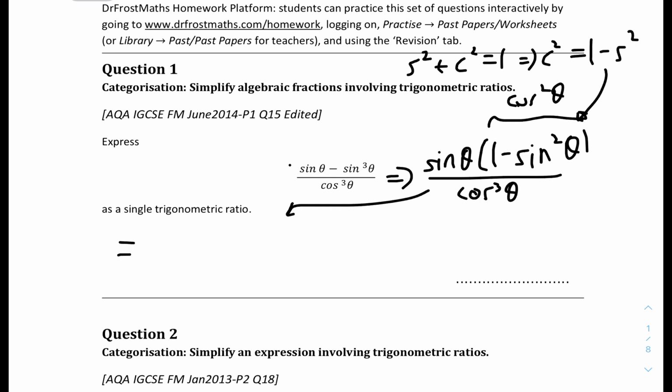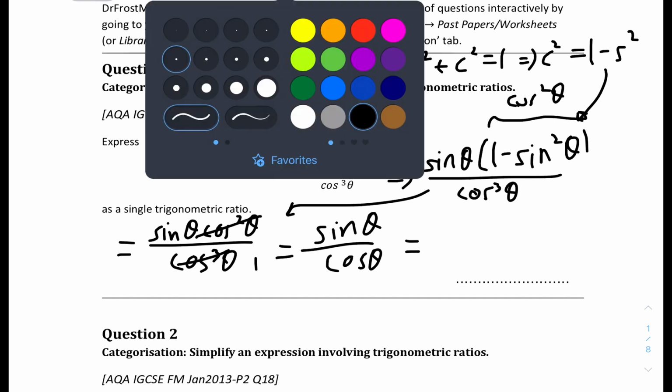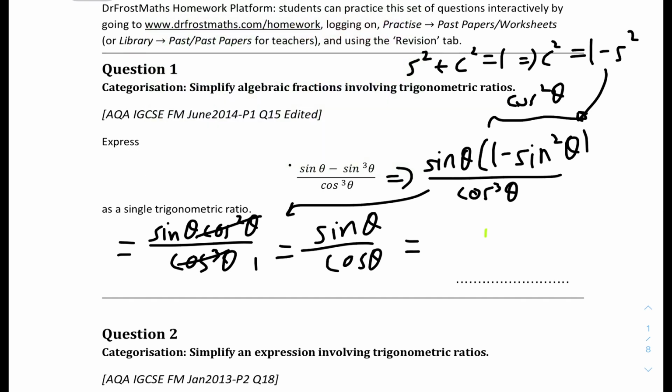So it'll be sine theta cos squared theta over cos cubed theta. So we can cancel the cos squared theta to end up with sine theta over cos theta. And that's one of the identities, which is equal to tan theta. So tan theta, and that's the answer.